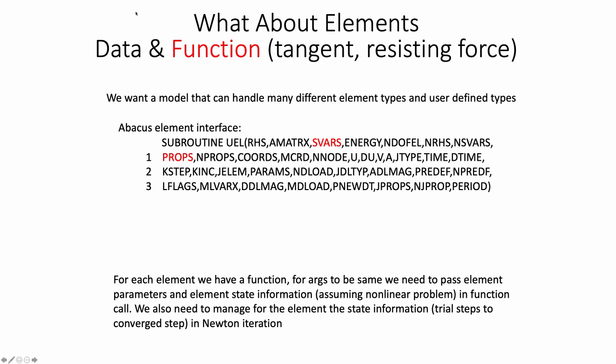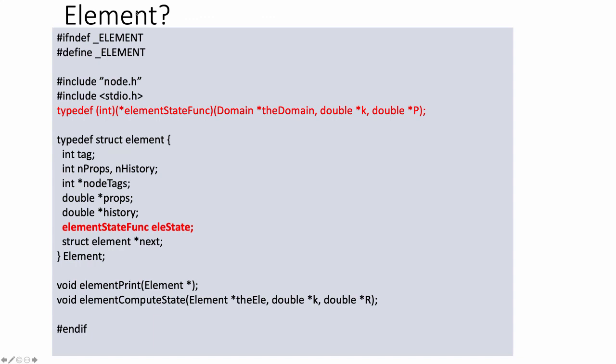So now what about elements? Elements are a little bit more complicated in the sense that we have now both data and functions associated with an object. We have functions associated with the object because we want to use elements of different types in our program. To do that, we're going to have to use something called function pointers. I'm using typedef again here to define a function pointer for myself.